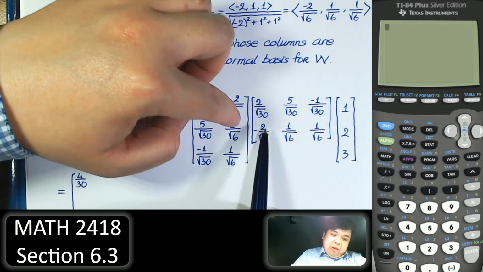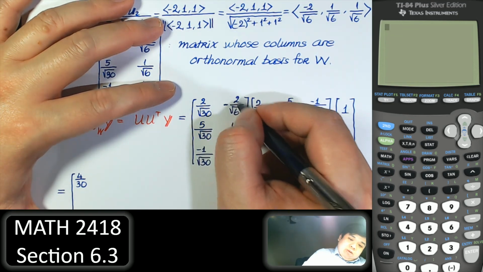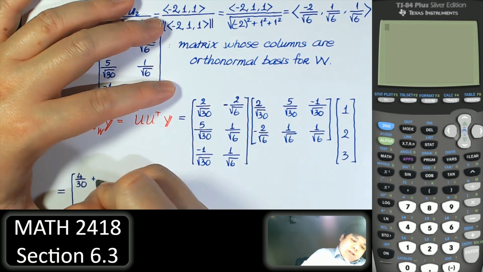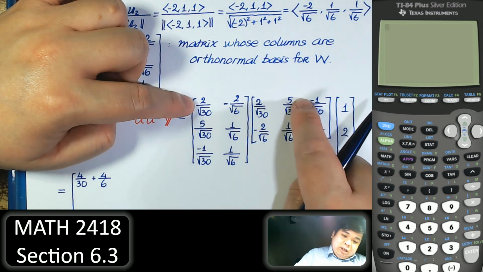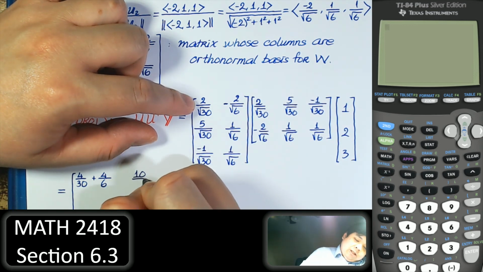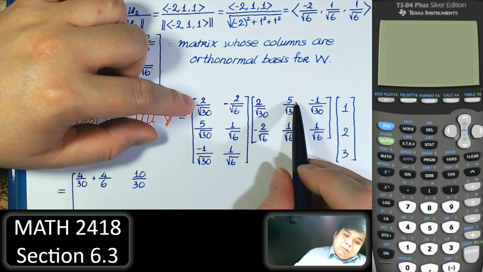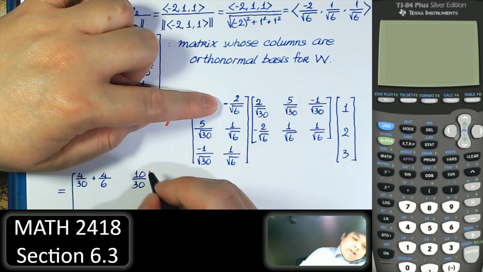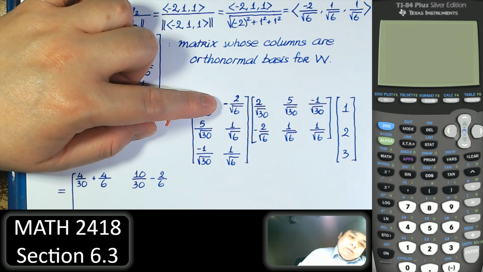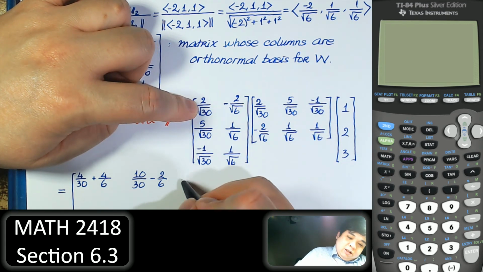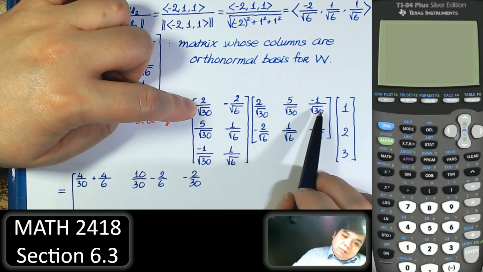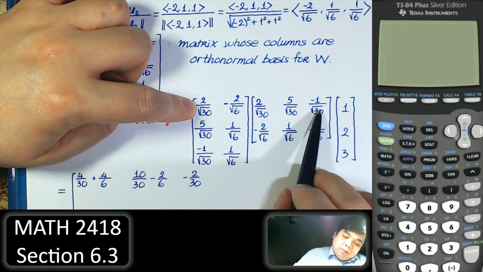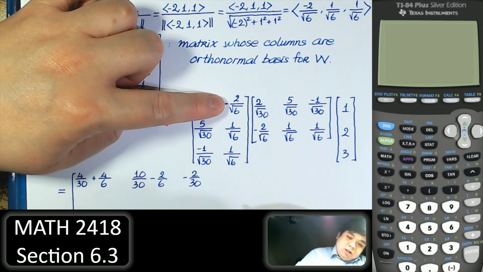Row times column, minus 4 over 6, that minus times minus will be 4 over 6. Right, that's the first one. Next, that will be 10 over 30, minus 2 over 6, and minus 2 over 30, and minus 2 over 6.